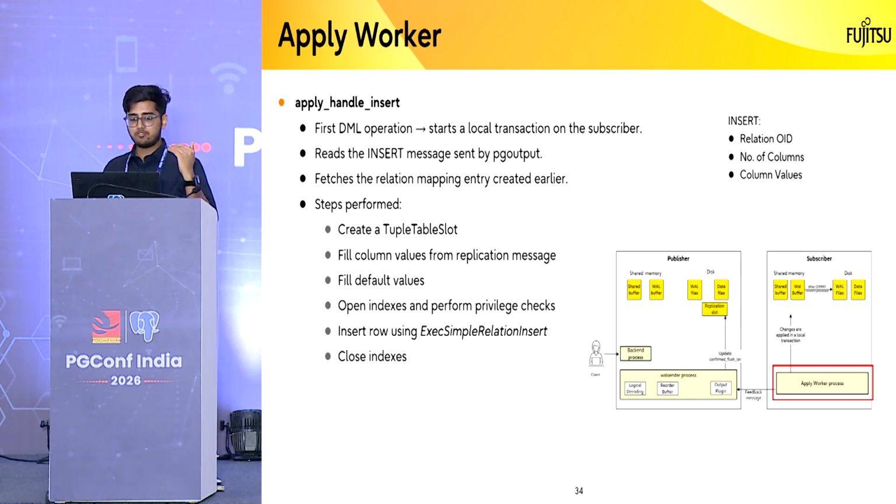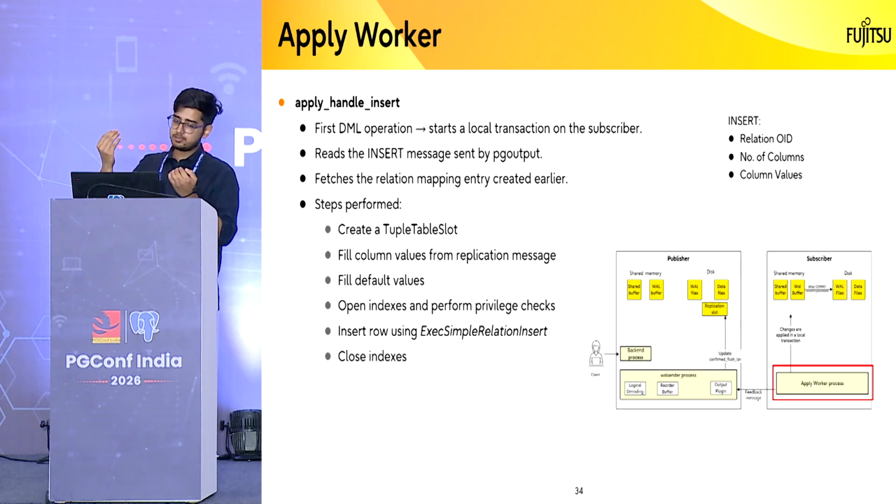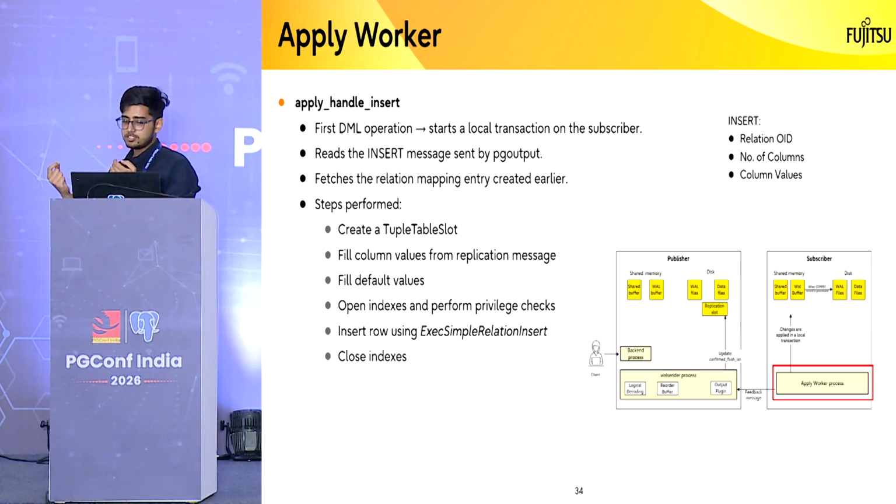Since this is the very first DML operation for this particular transaction change which we are receiving, a local transaction will be started on the subscriber node, and this insert message which was sent by pgoutput will be read, and the relation map entry which was generated in the previous message will be fetched.